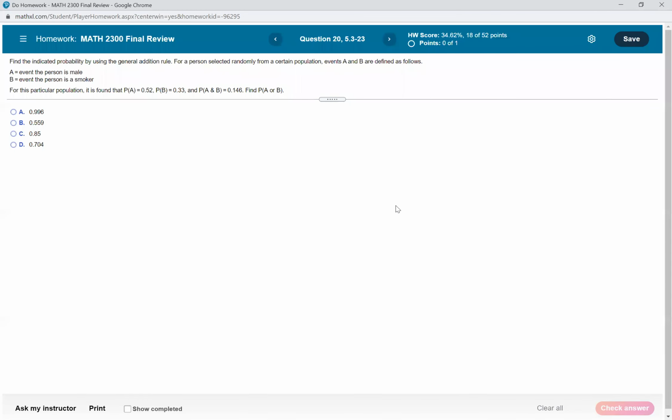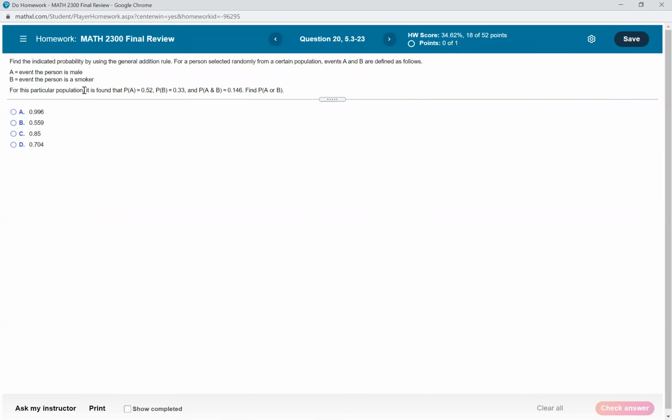Okay, so find the indicated probability by using the general addition rule. For a person selected randomly from a certain population, events A and B are defined as follows. A is the event the person is male, and B is the event the person is a smoker.